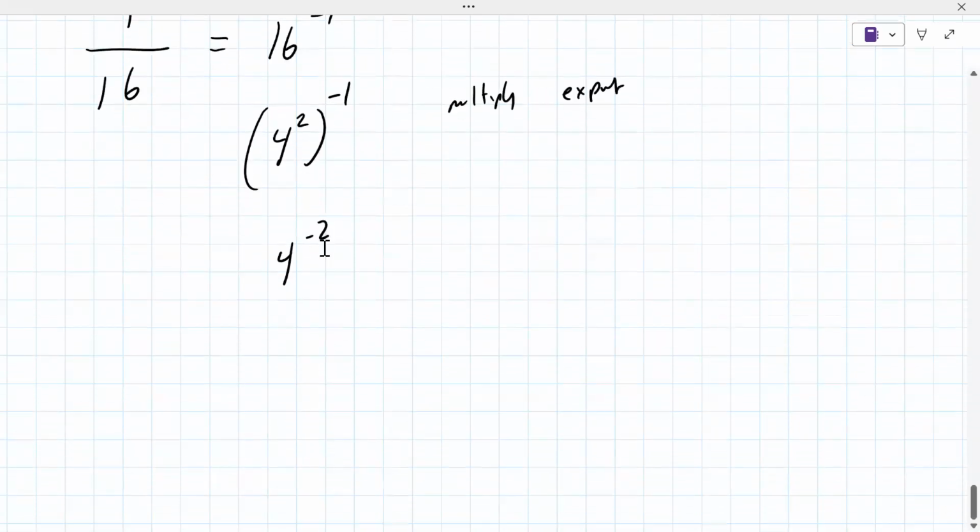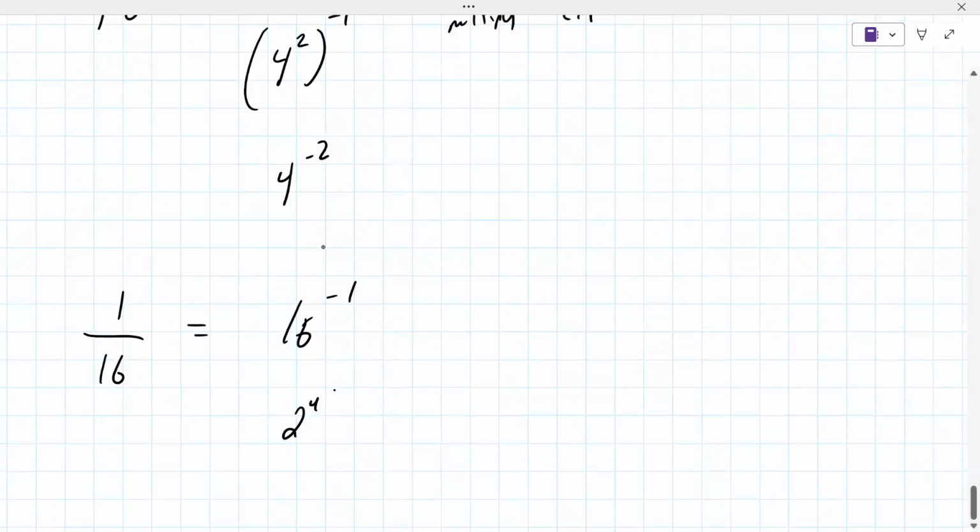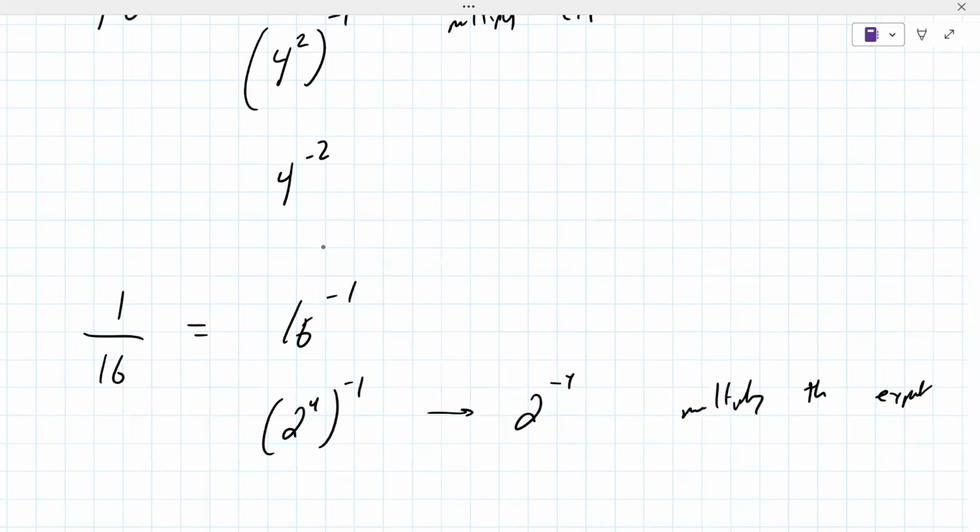You could also say, 1 over 16, 16 to the minus 1, it's really 2 to the 4th power to the minus 1, which becomes 2 to the minus 4 power because you multiply the exponents.